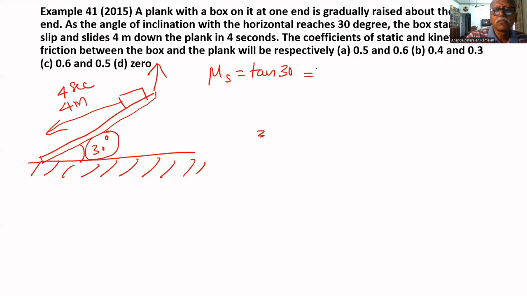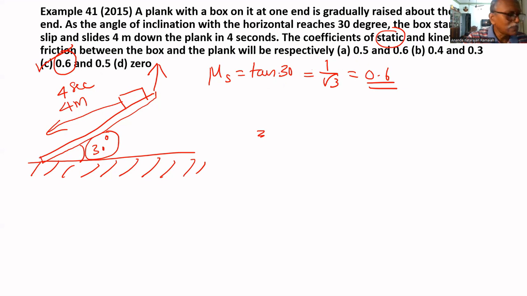That is equal to 1 by root 3. That is equal to 0.6. So static friction, static is first. Therefore, here only 0.6 is there. That's why without calculating dynamic, we can say that C is the answer.